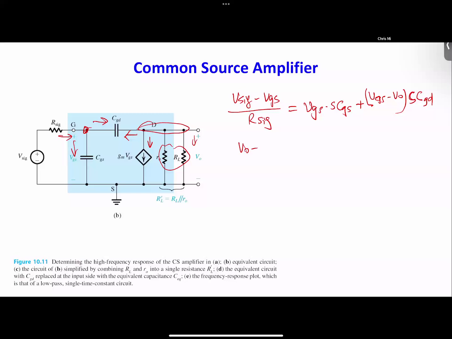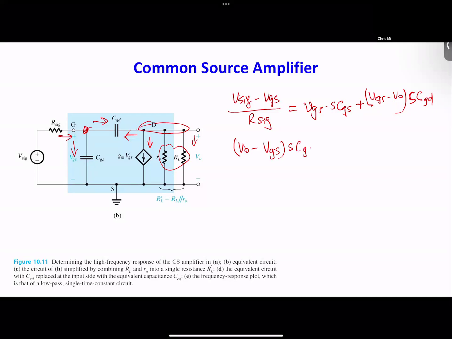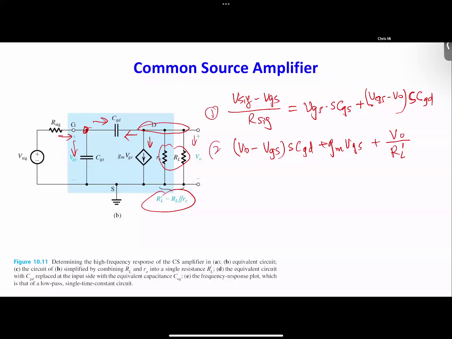So it's going to be VO minus VGS times S CGD, which is the current going from right to left on CGD, plus the current going down, which is gm times VGS, plus the current of VO divided by RL prime. And this RL prime is given here. So we have 2 equations here.